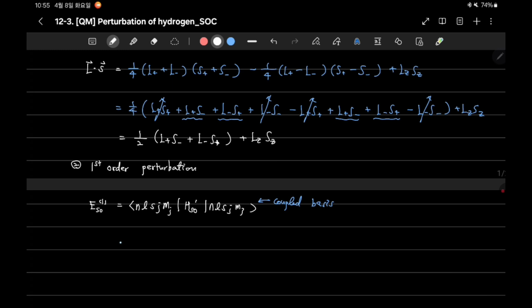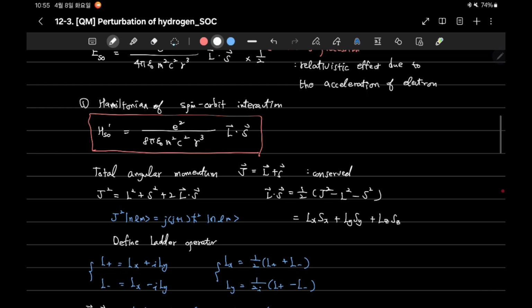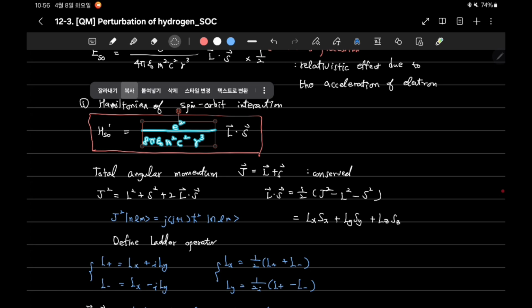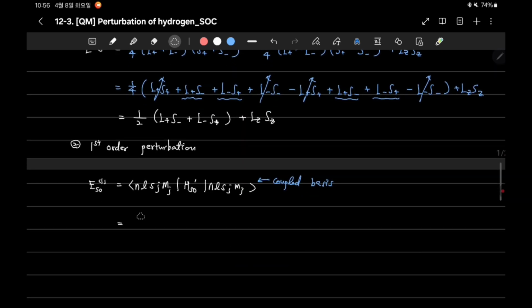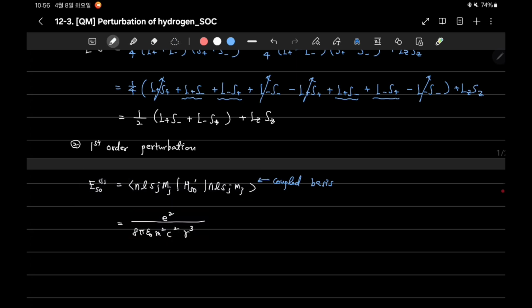So when you apply this Hamiltonian, this factor should be considered. But here r is not a value; it should be considered as an operator. So we have <n l s j m_j| 1/r cubed, and also L dot S |n l s j m_j>.